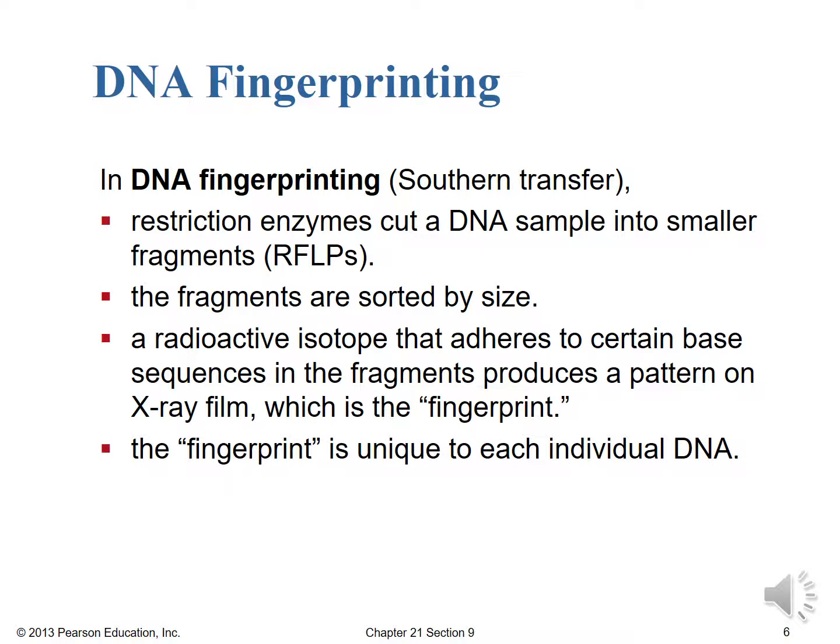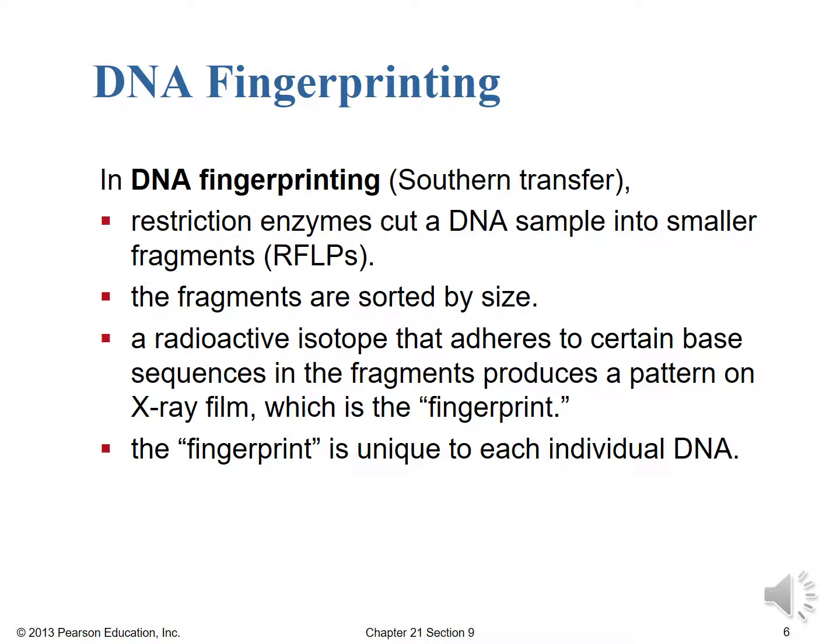We can also use DNA technology to do something called DNA fingerprinting. So for the Southern transfer type of DNA fingerprinting, you have restriction enzymes that cut a DNA sample into smaller fragments, restriction fragment length polymorphisms, as they're known, RFLPs. The fragments are then sorted by size. You can have a radioisotope that adheres to certain base sequences in the fragments to produce a pattern on X-ray film, which is called the fingerprint itself.